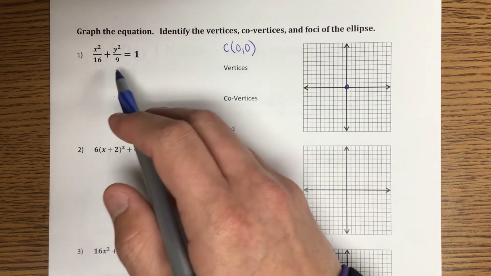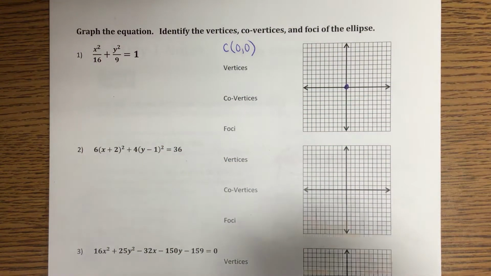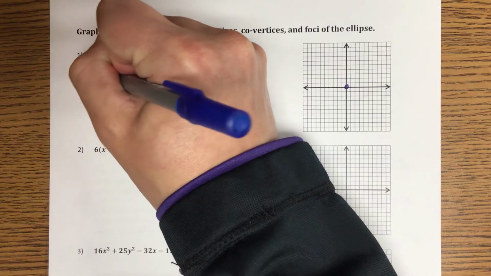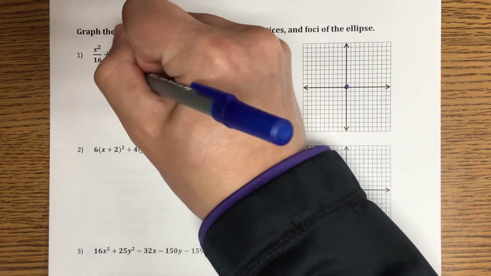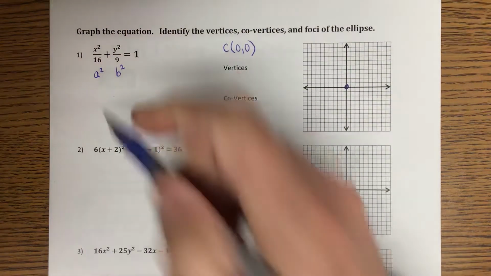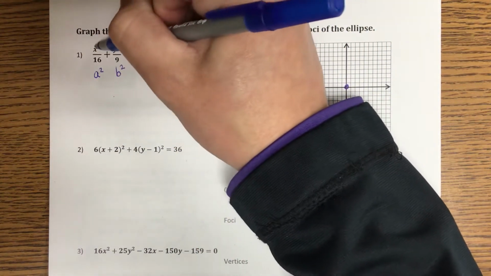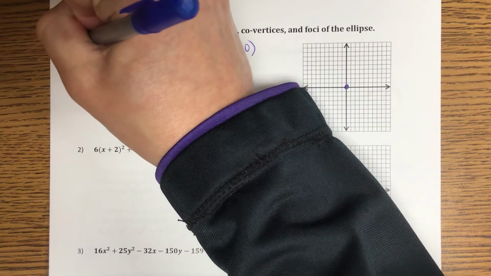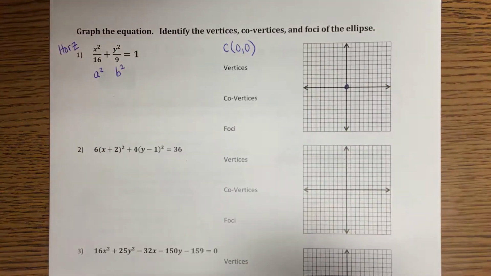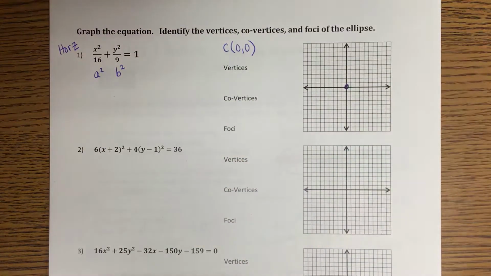Now I have to identify the a, the b, and the c terms before I can start answering the rest of this question. So a squared is 16, so b squared then would be 9, and a squared is always the bigger number. Since a squared is under x, this is going to be more horizontal than vertical because the bigger number is underneath the x value.